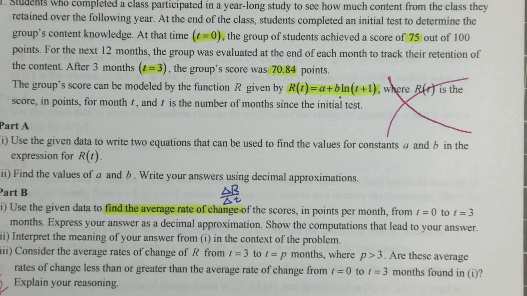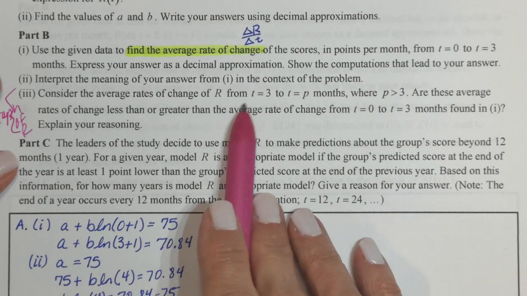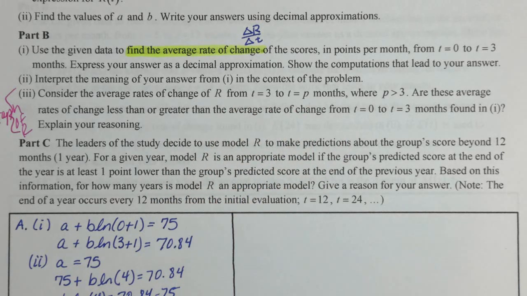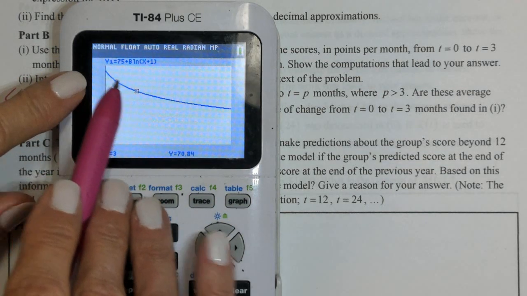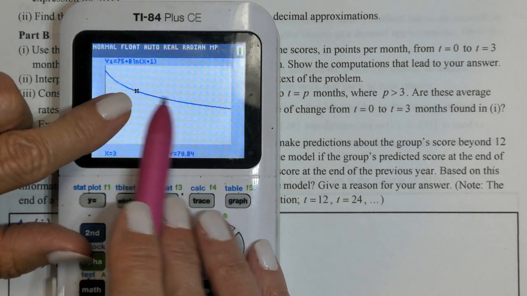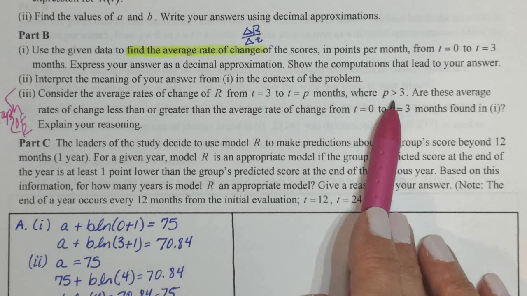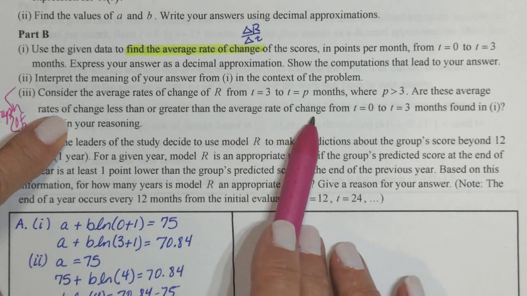Okay? Part 3 is asking, consider now the average rates of change from 3 to p, where p is bigger than 3. So here was the average rate of change from 0 to 3. This would be the average rate of change from 0 to p. P is bigger than 3. Are these average rates of change less than or greater than the average rate of change from 0 to 3?